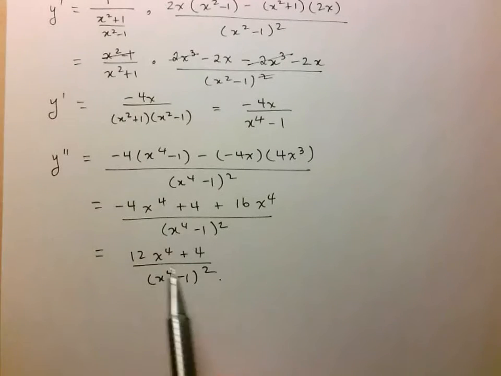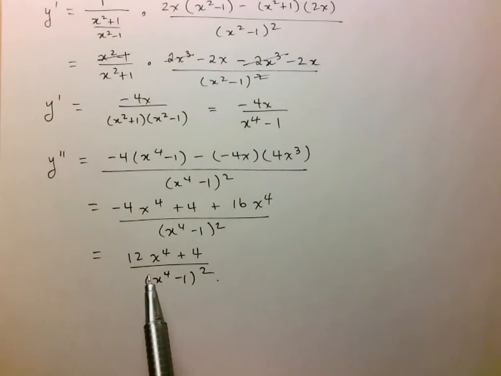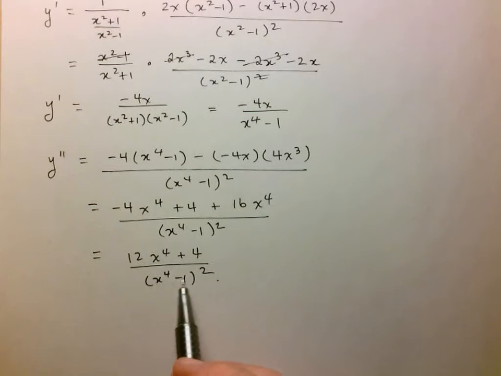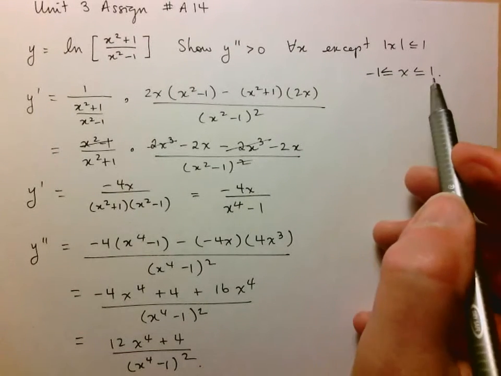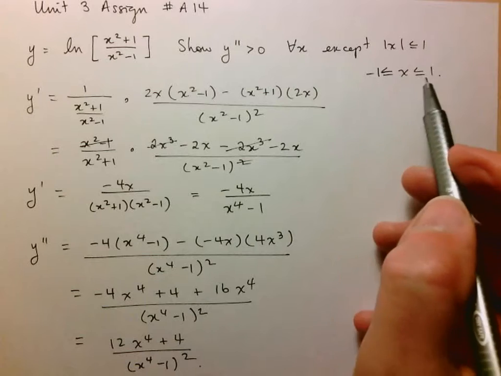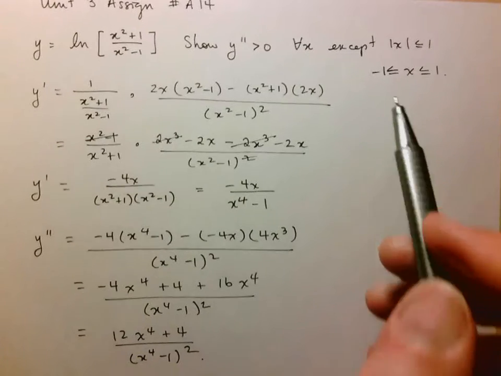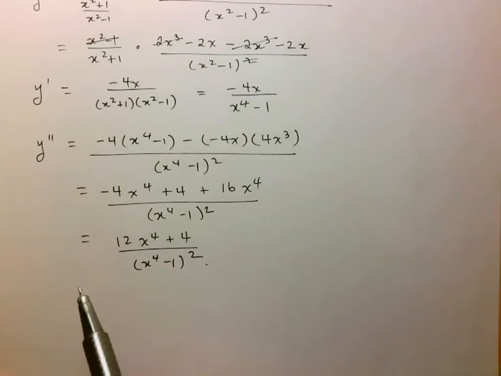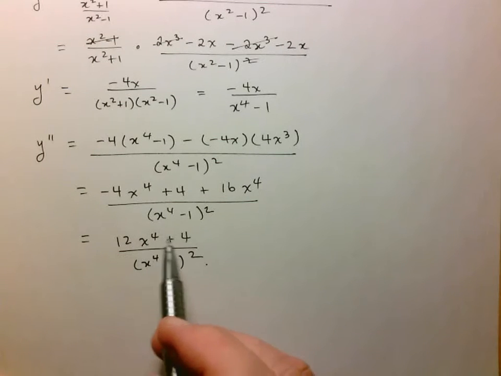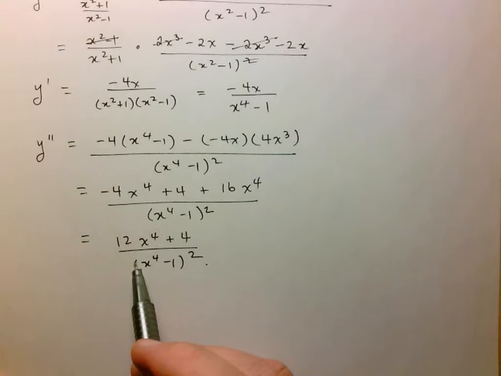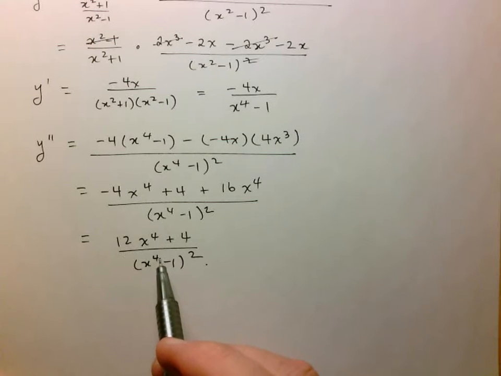First of all, this won't be positive when the denominator is equal to 0, and the denominator will be 0 when x is equal to plus and minus 1. That certainly explains why these two numbers are not included. The question is why aren't the numbers between negative 1 and 1? They would all give us a positive second derivative.